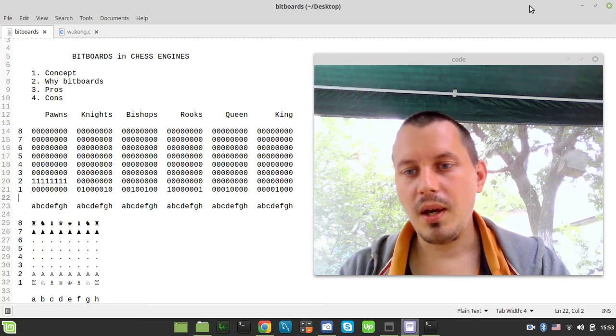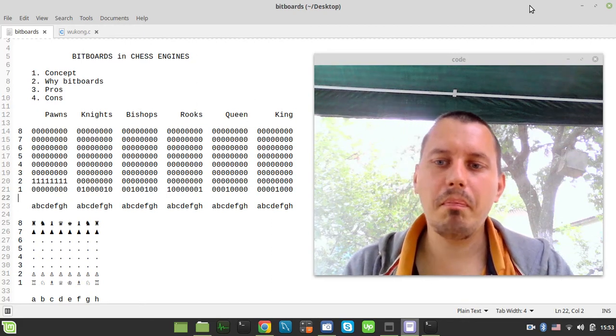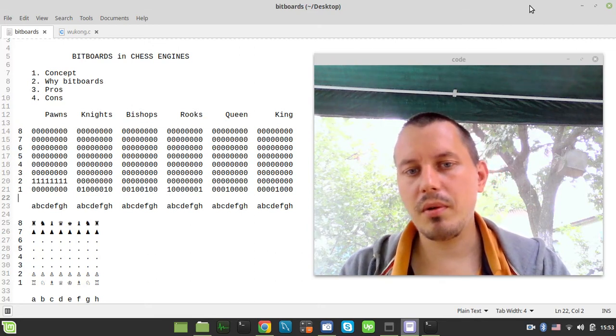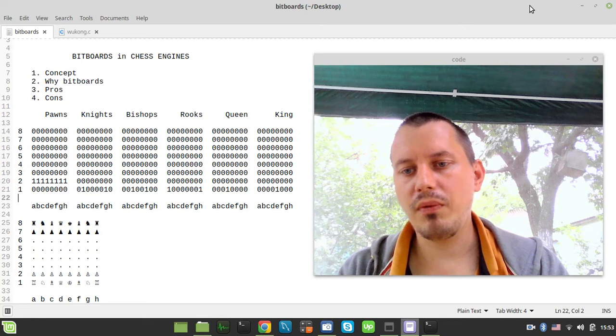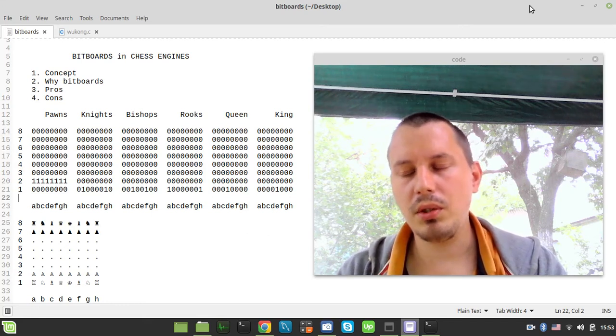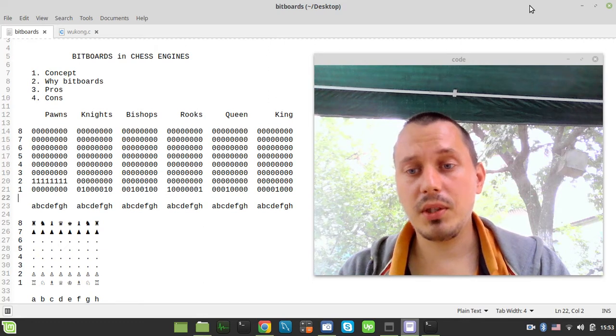What I did is known as the copy-make approach: instead of incrementally updating the board back in order to take the move back, you just copy the board structure before making a move, and when you need to restore the board, you just reference that copy that you've created, and that's it. That's very simple.